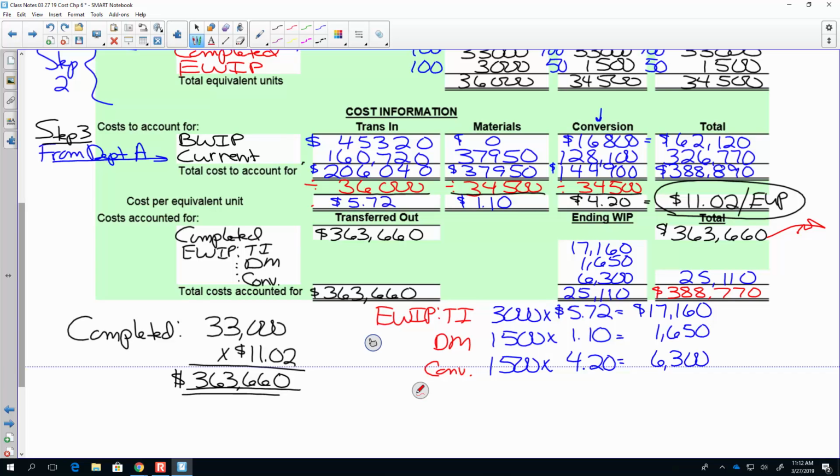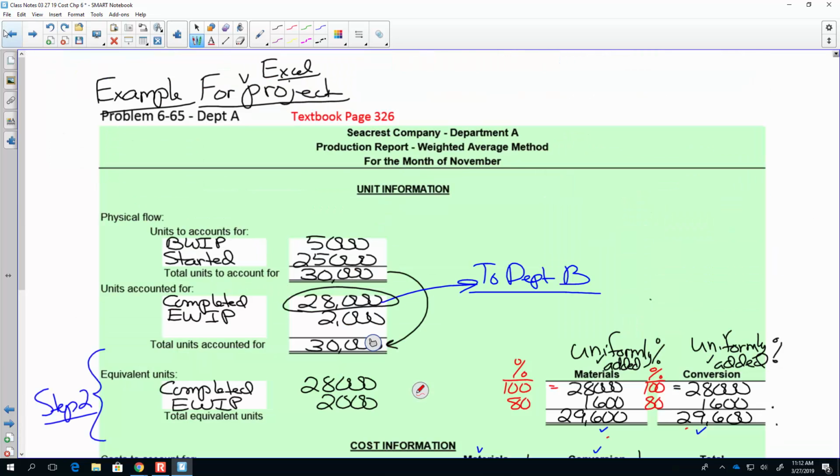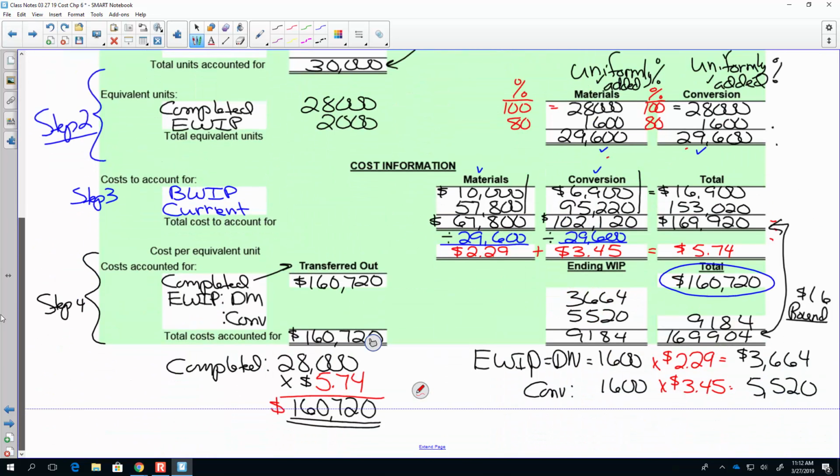If you do the 3,000 times $5.72, it won't round correctly. If you go back to step 8, or Department A, for example, my transferred out instead of 167.20, it's 167.35. So the $16 that we were off from rounding, I was able to correct with the precision rounding function.